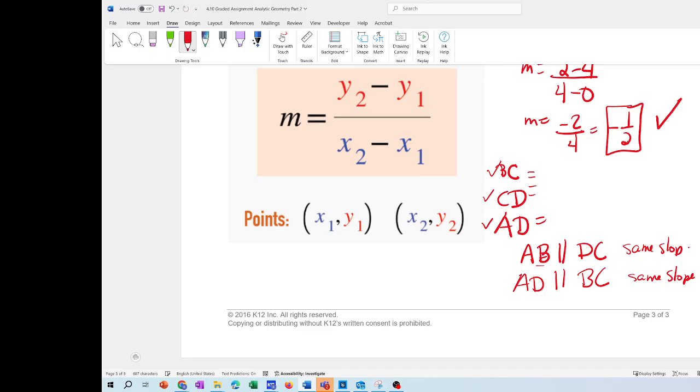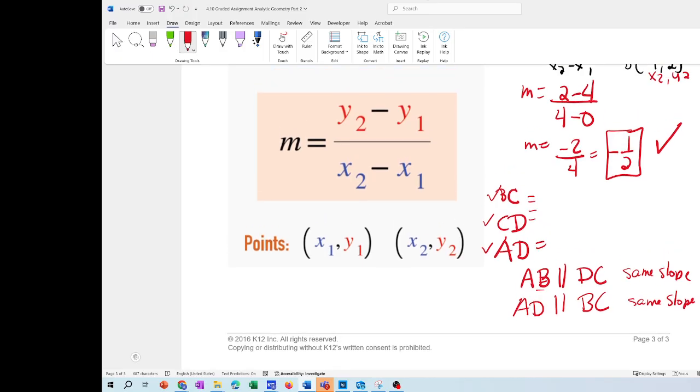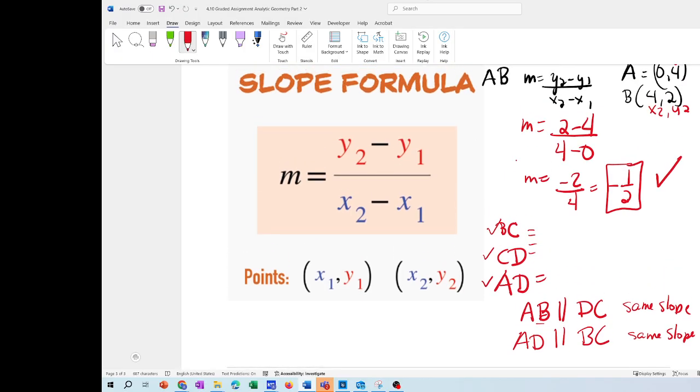So for example, right now we calculated AB, and it gave us negative 1/2. So when you calculate DC, or CD, doesn't matter the order, it should give you negative 1/2. If they're not the same slope between these two and these two, that means that they are not parallel.